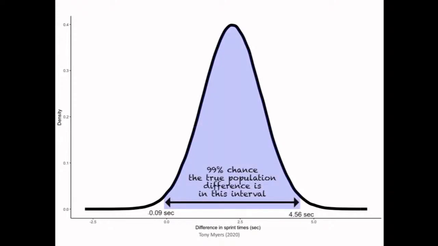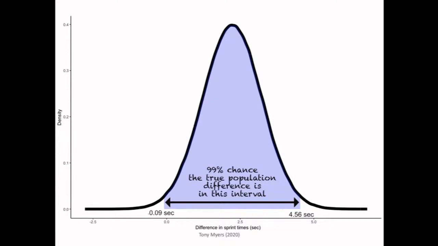With the Bayesian credible interval, with this posterior distribution, we can say there's a 99% chance the true population difference is contained in this interval. In this particular case, minus 0.09 and 4.56 seconds. Now, of course, all of these percentages are completely arbitrary values.